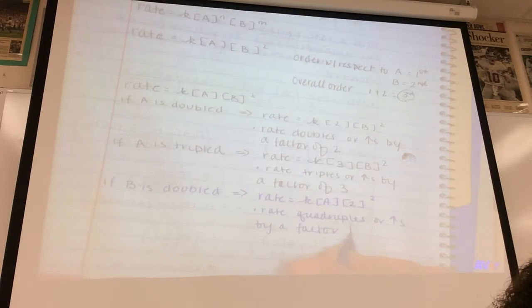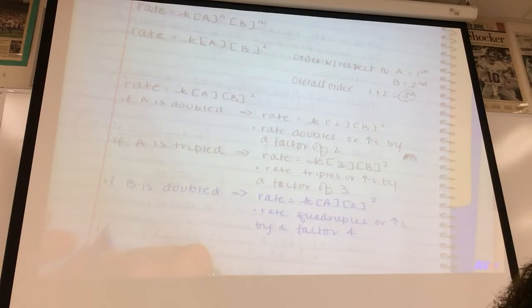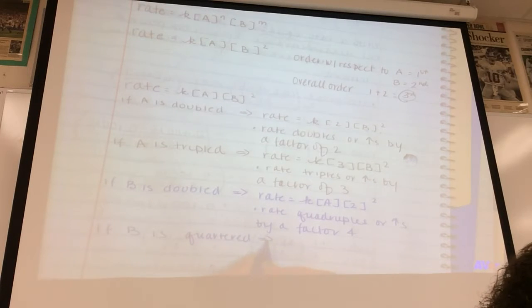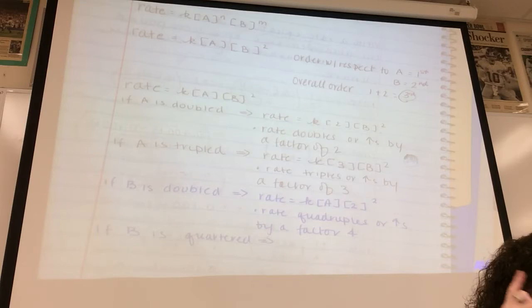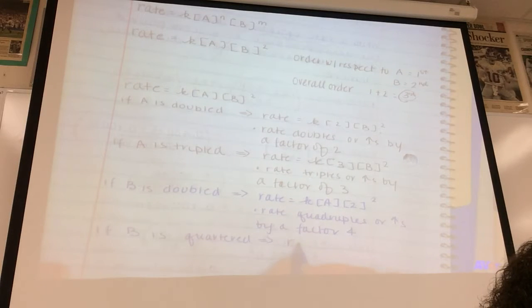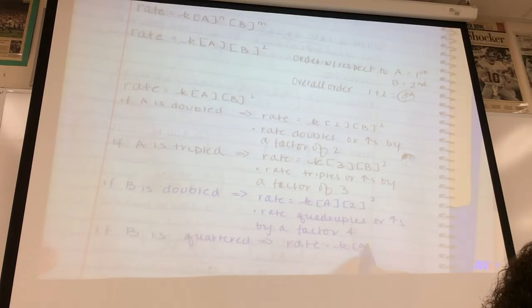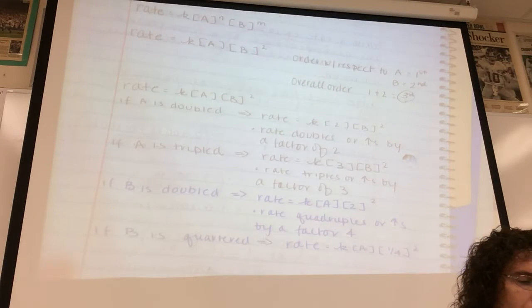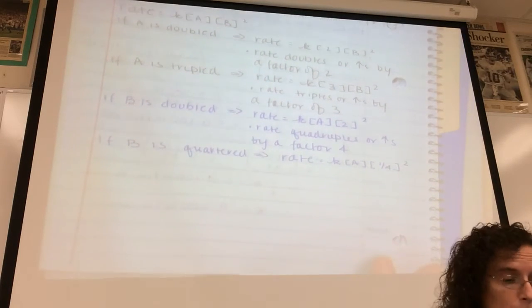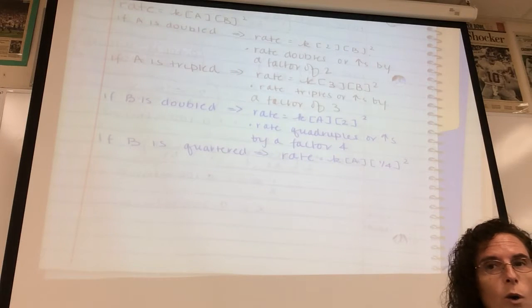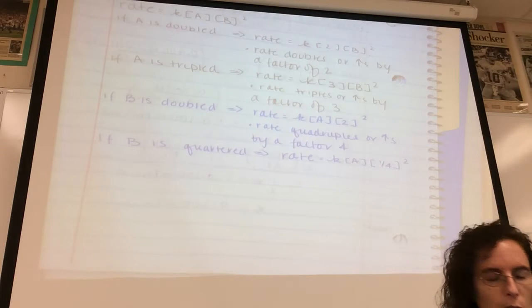Good. Now let's say if B is quartered, careful. This gets into the exponential, 7th grade advanced math, guys. Come on, we can do it. All right. So that would equal 1/16 of what it was.